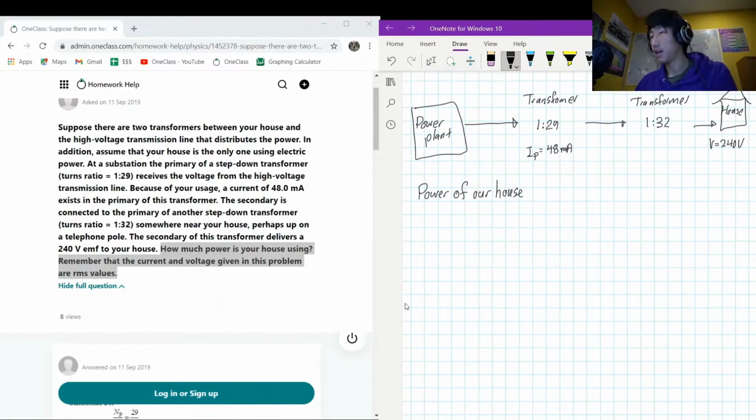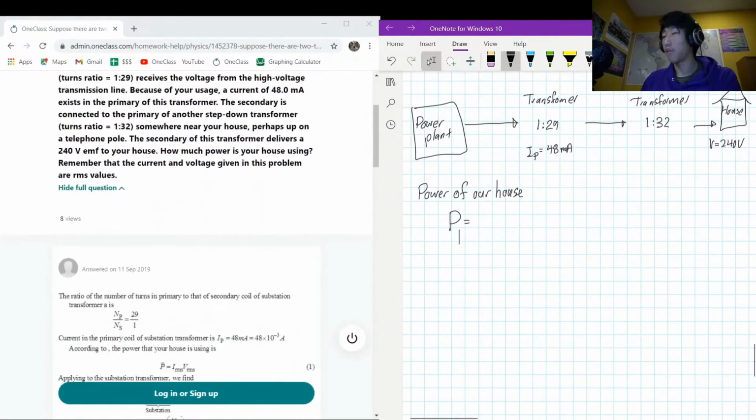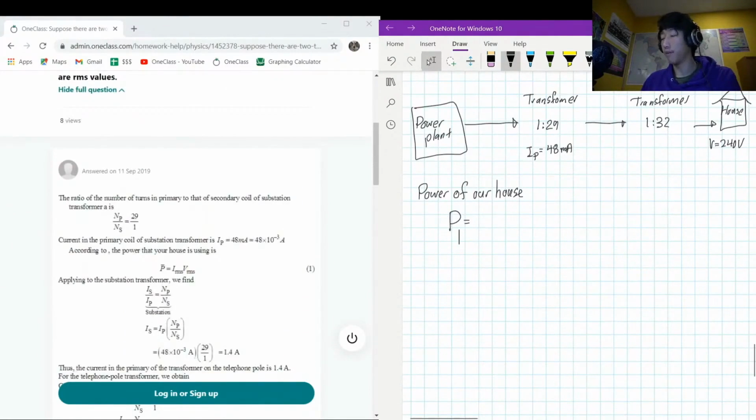Okay, and everything that was given to us, all of these currents and voltages, are all RMS. And RMS is cool because we know the power equation: P is equal to RMS current times RMS voltage, so I RMS times V RMS.